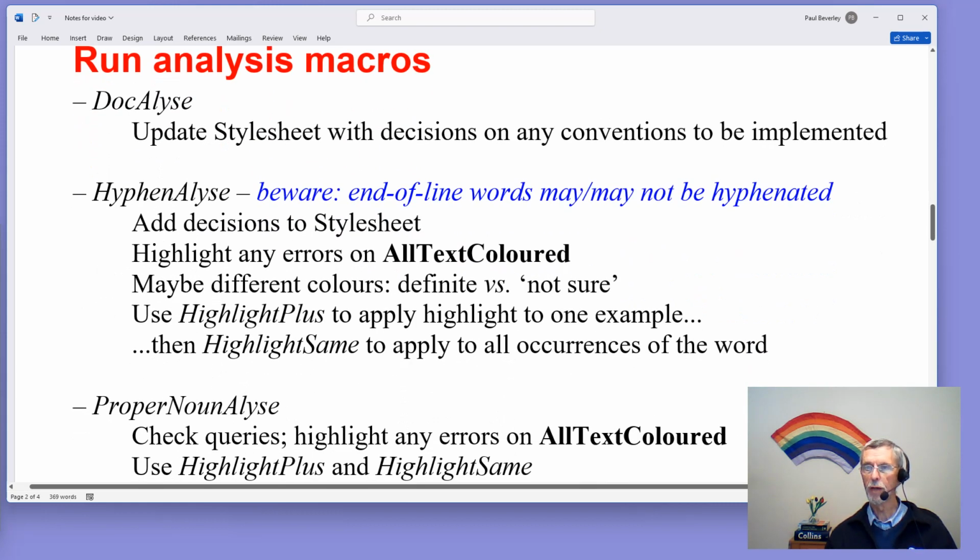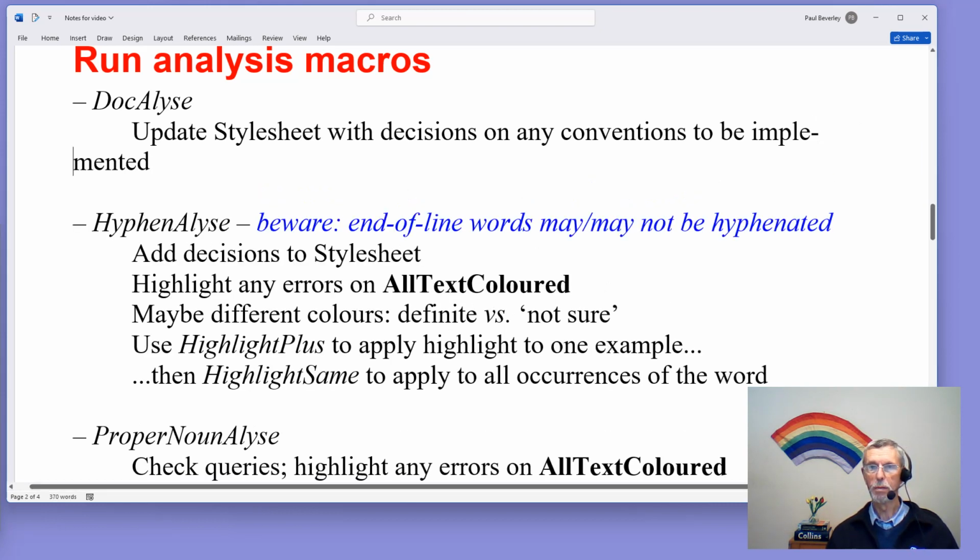Dockerlize will give you information to help you update your style sheet. Hyphenize, again, you can add your decisions to the style sheet. The only thing to watch there with Hyphenize is that when you have a PDF, it will have some of the words hyphenated over the end of a line. That might be split over the end of the line, which is fine if it's an obvious word.